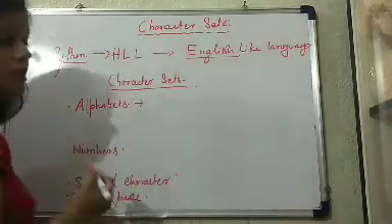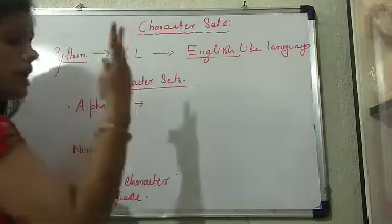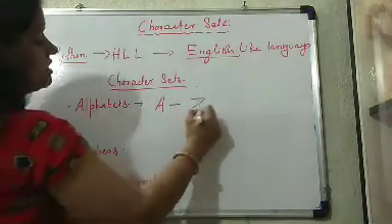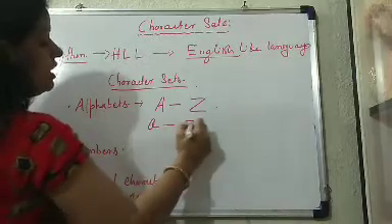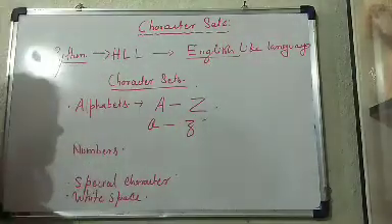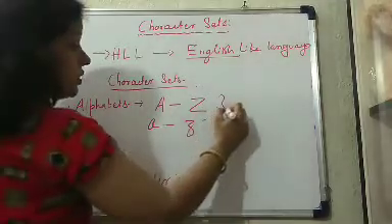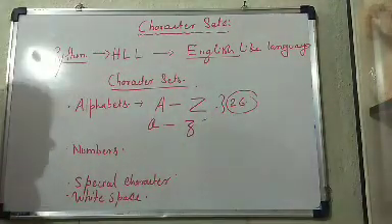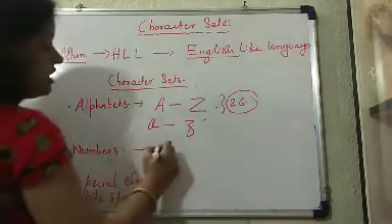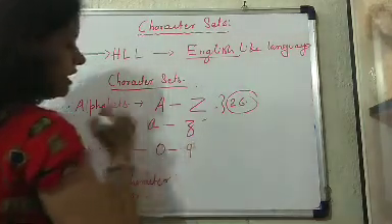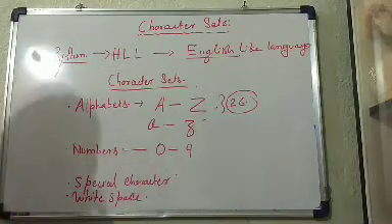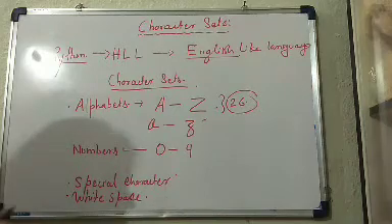You are very well familiar with the alphabet. You are using two forms of alphabet: one is capital A to Z, another is small a to z. As you know very well, there are 26 alphabet symbols. Numbers you are using are 0 to 9; only 10 symbols are there in mathematics to represent numbers.